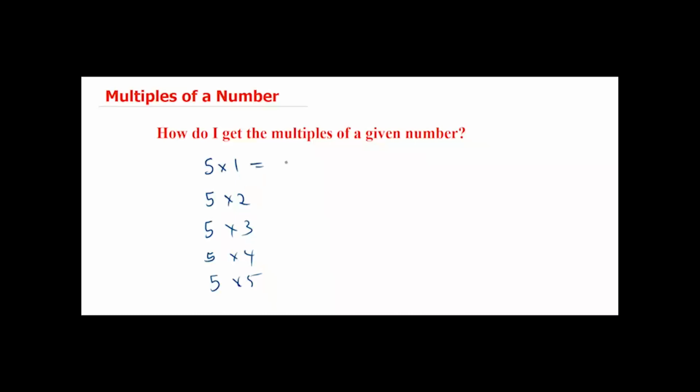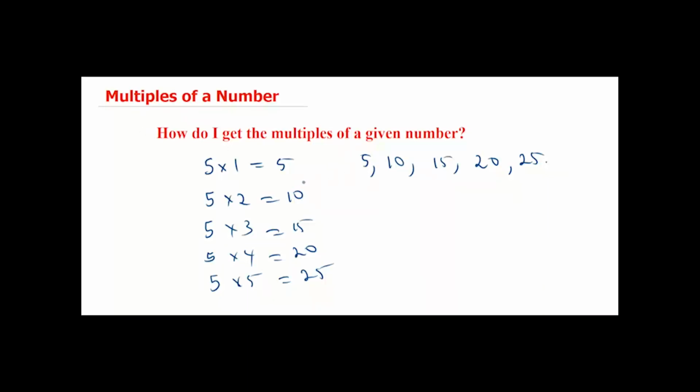So this will be 5, 10, 15, 20 and 25. So we can say the first 5 multiples of 5 are 5, 10, 15, 20 and 25. So that is how to get the multiples of a given number.